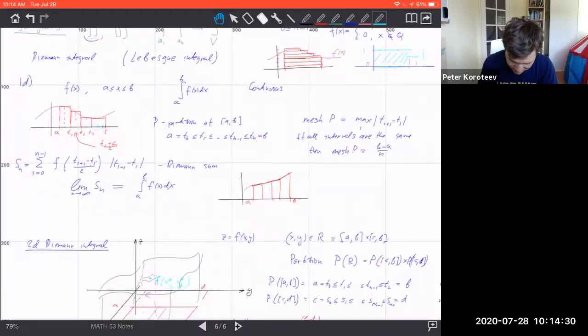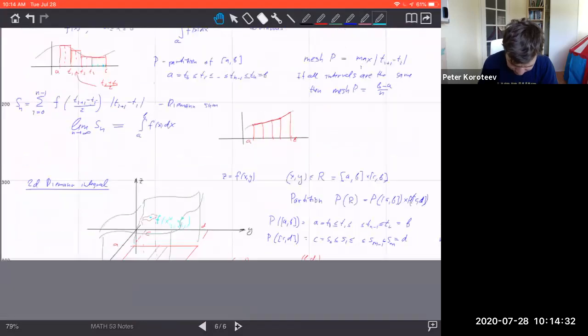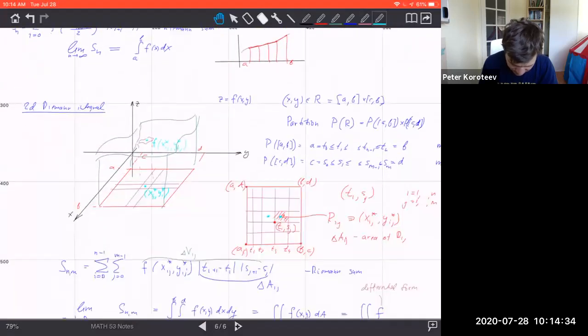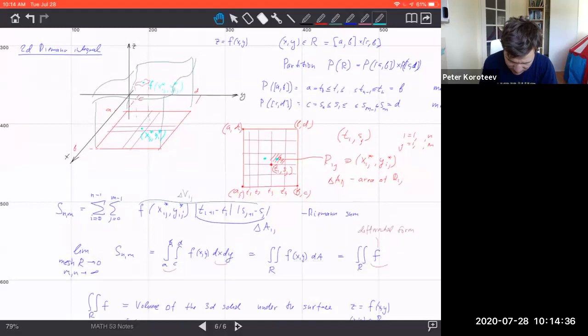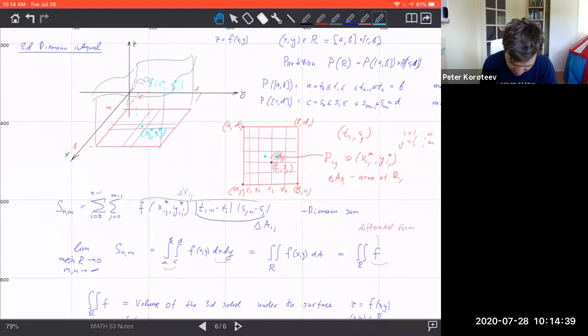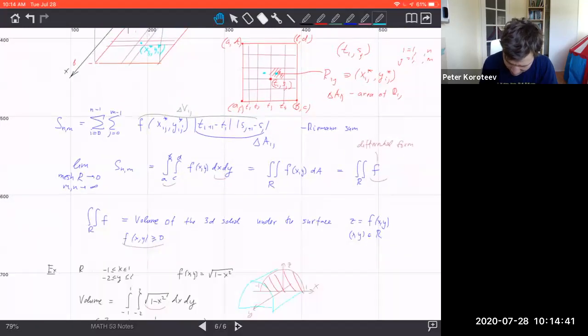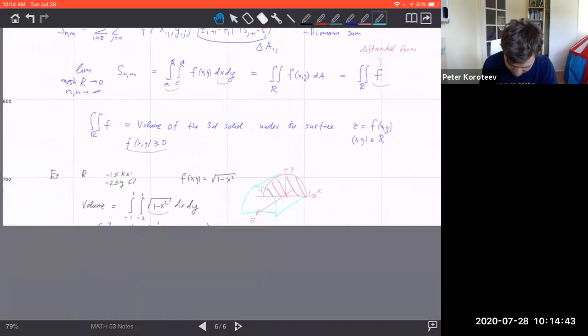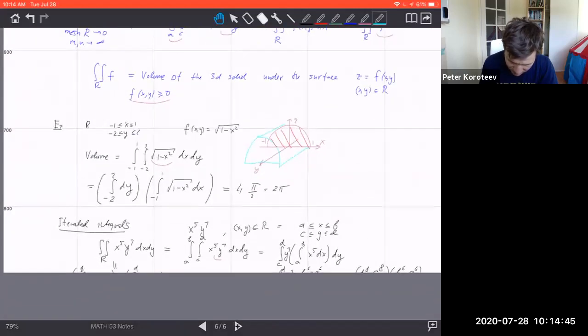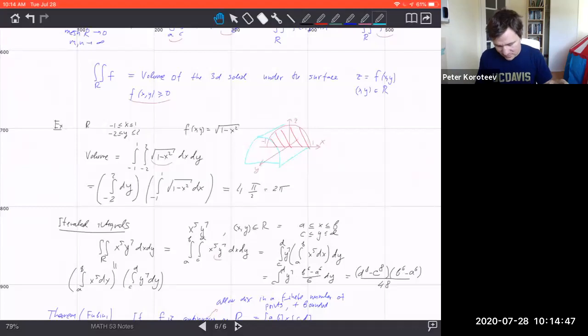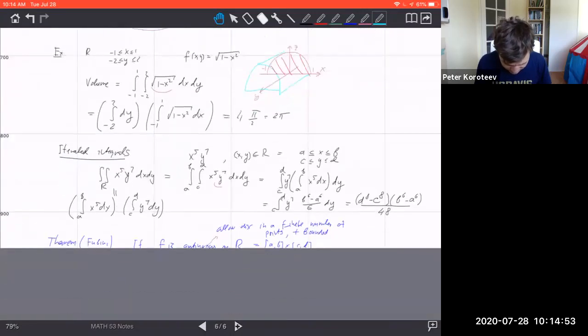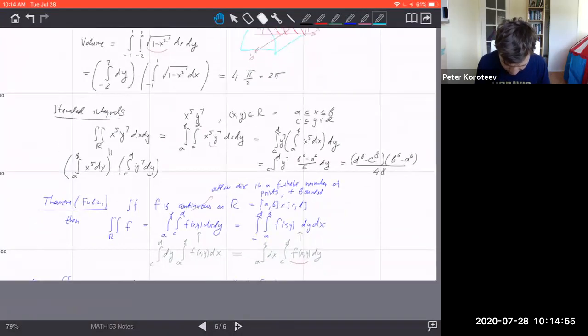we talked about the 2D integral by using partitions, Riemann partitions, constructed the Riemann sum, and discussed its meaning from the point of view of the volume of the 3D solid that lies underneath the surface of the graph, and so on. And then we looked at integrability.